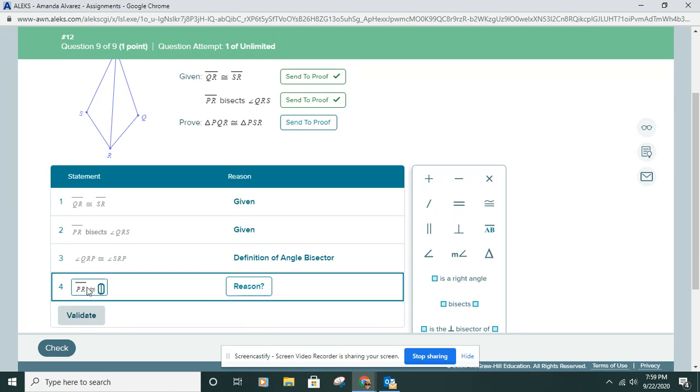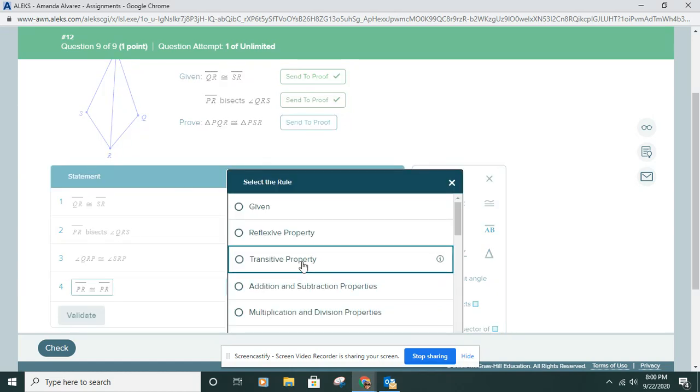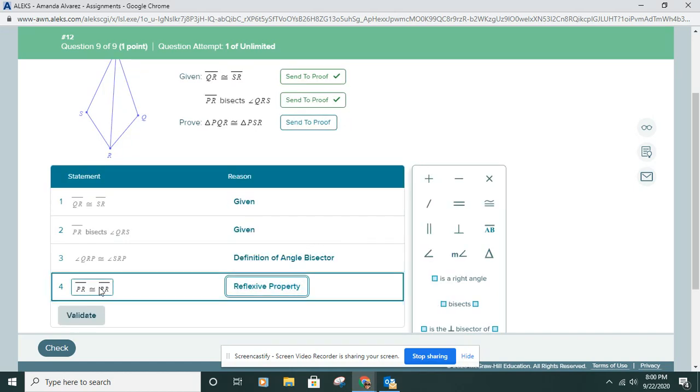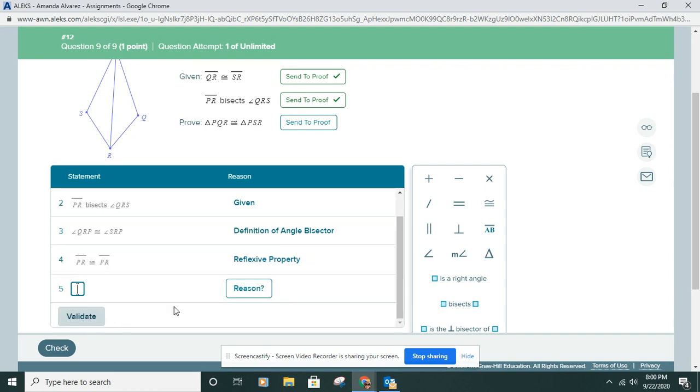It's really tricky, so make sure that you're doing that correctly. So anyways, do the side arrow, then the congruent, and then segment PR is congruent to segment PR. The reason is, remember when they share a side, it's called the reflexive property, when it's the same thing congruent to the same thing. Validate, and now I can send a proof.